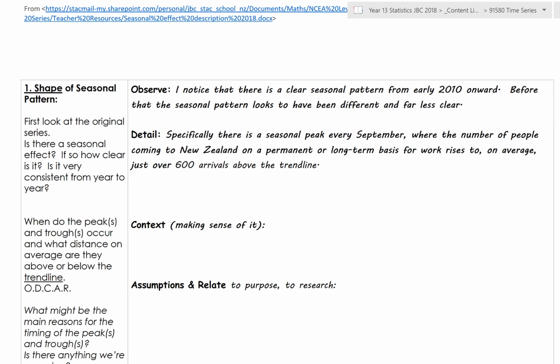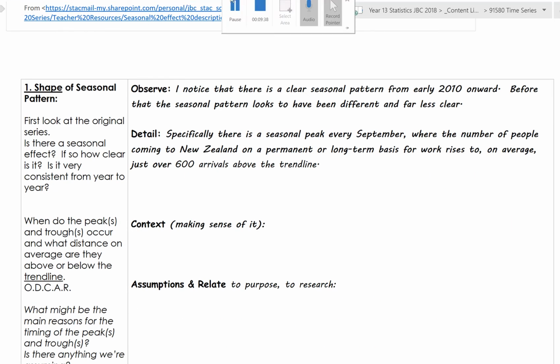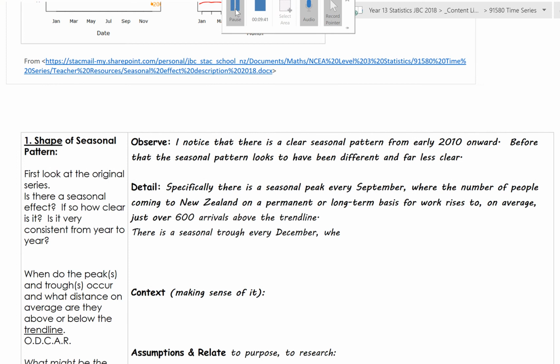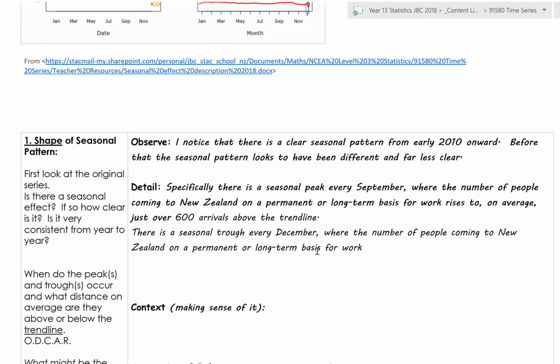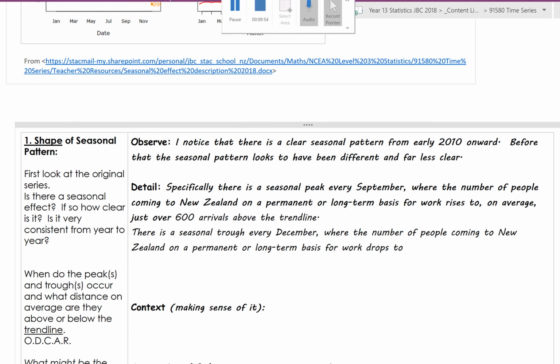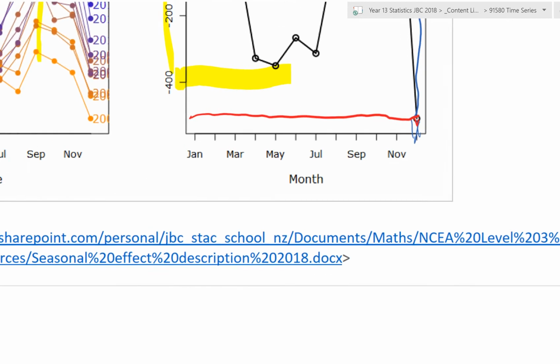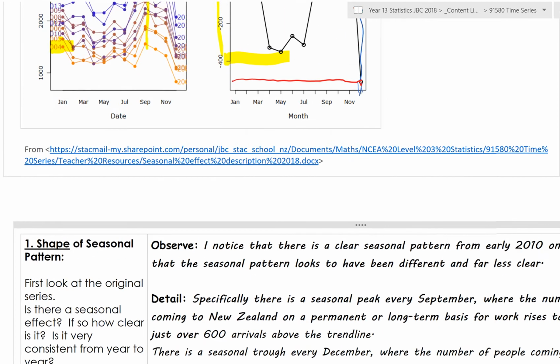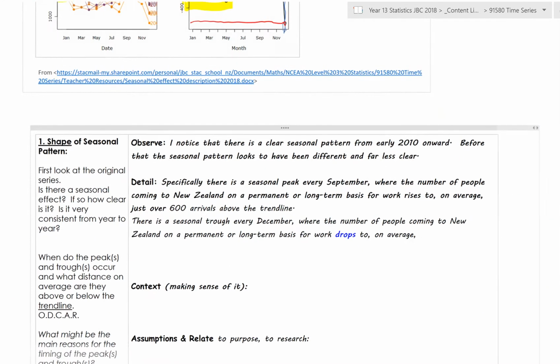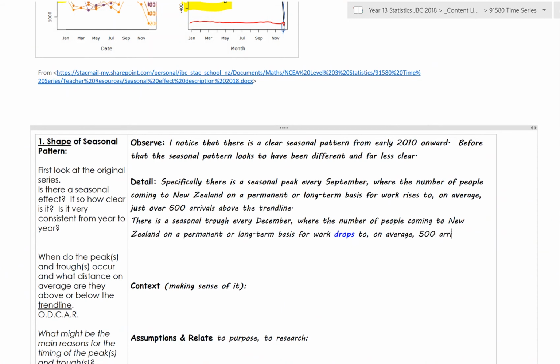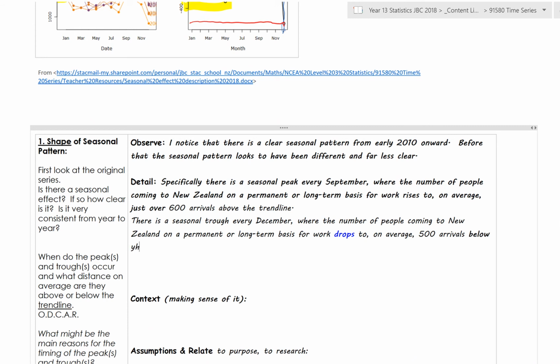Well, it means that there's a seasonal trough every December where the number of people coming to New Zealand on a permanent or long-term basis for work drops to, on average, 500 arrivals below the trend line. Because the negative 500 means 500 below the trend line.